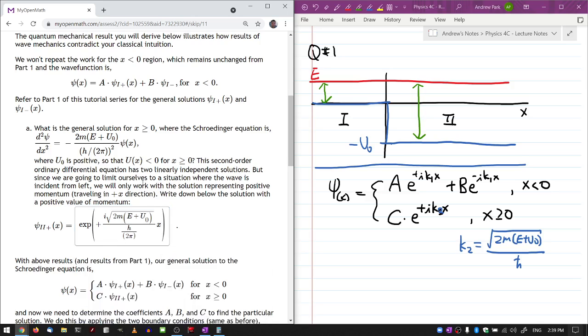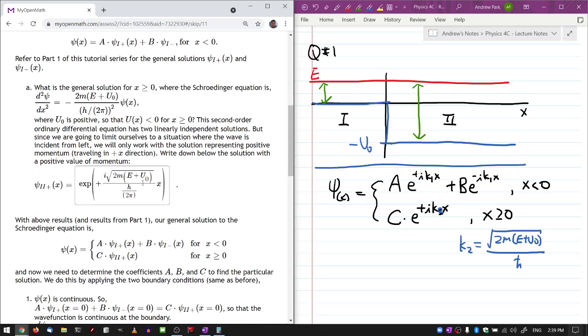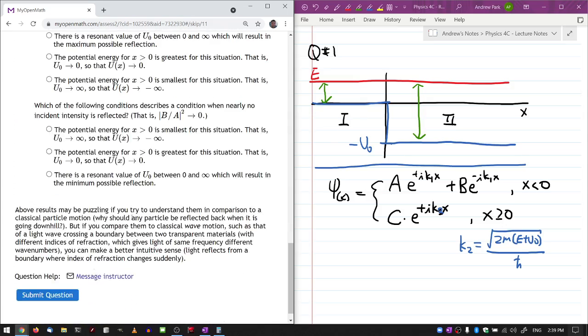That should be the solution. Again, we are ignoring the leftward traveling solution because we're assuming particles are incident from the left.